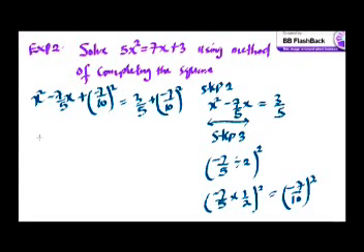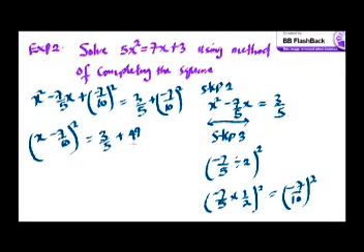This becomes x minus 7 over 10 all raised to the power of 2, which is the perfect square, is equal to, on this other side, 3 over 5 plus 49 over 100, because the square of minus 7 will give you 49 and the square of 10 will give you 100.